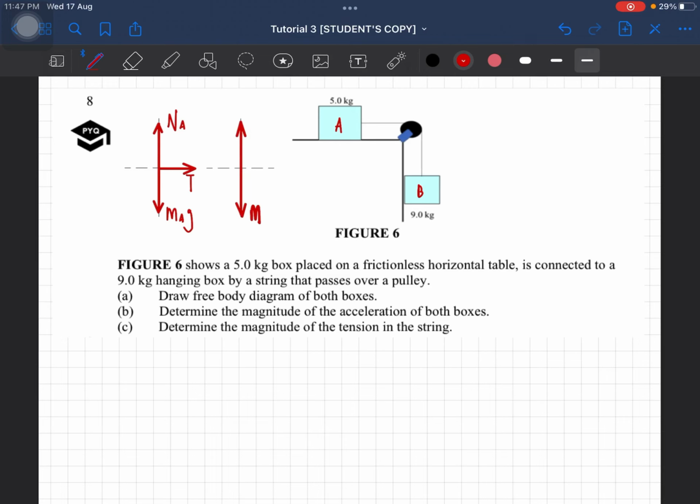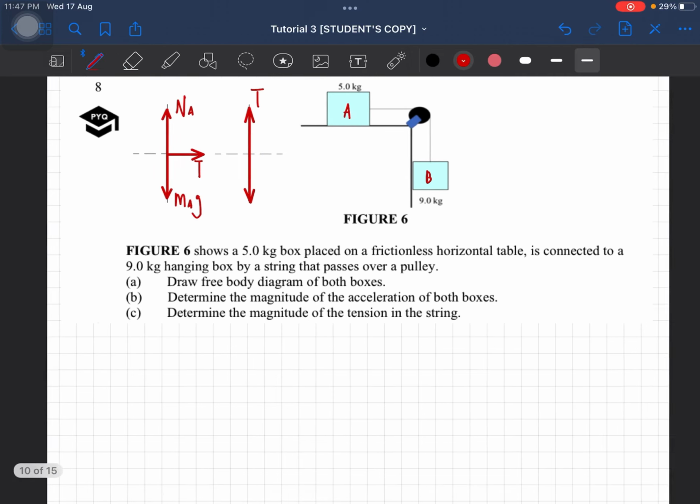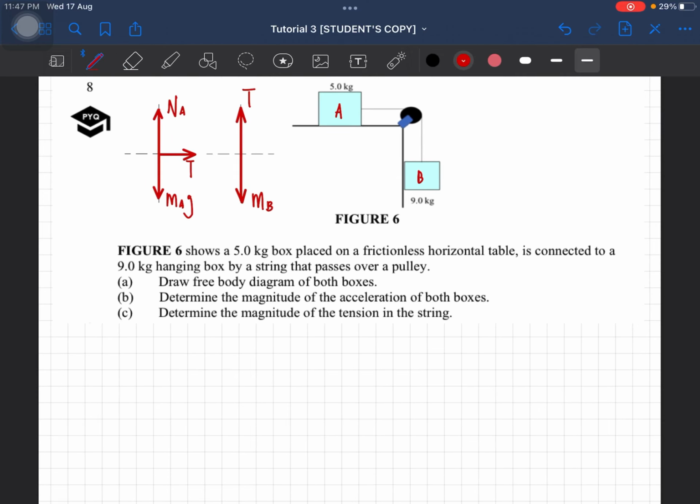Why do I use this font size? This is mBg. Okay? Alright, so don't forget the dot. The dot is here, dot is here. Okay, so that is for question A.